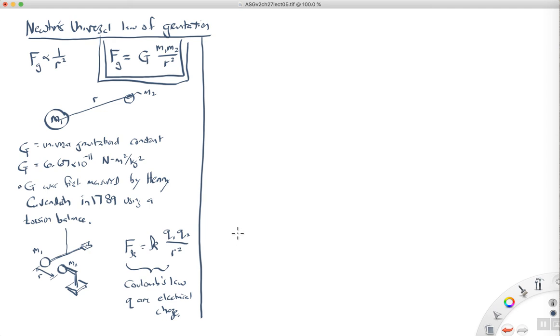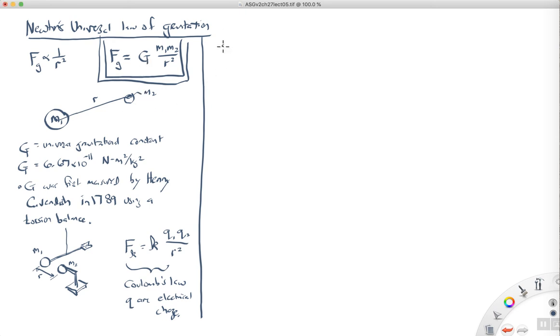Notice that, as I mentioned, the force depends on the masses involved, mass 1 and mass 2. And because both of these masses are involved, this is a symmetric force. What do I mean by that? Well, mass 1 is pulling on mass 2, and you can compute the force, but mass 2 is also pulling on mass 1, and you can compute the force.